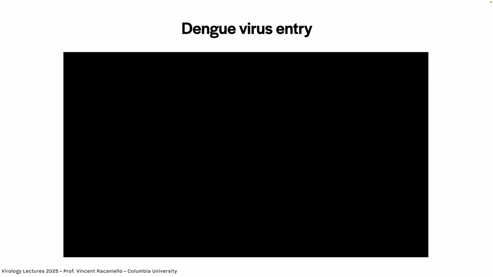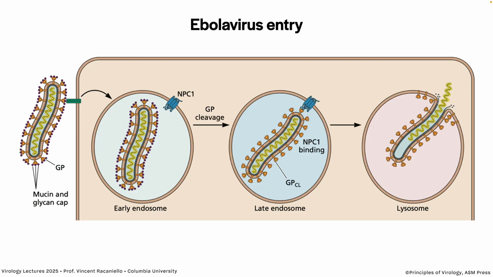Okay. One more interesting twist on entry, and that's Ebola virus, these long filamentous particles. They don't seem to be binding any specific plasma membrane receptor. They seem to be taken up by macropinocytosis, that cellular drinking, which randomly brings things into cells.